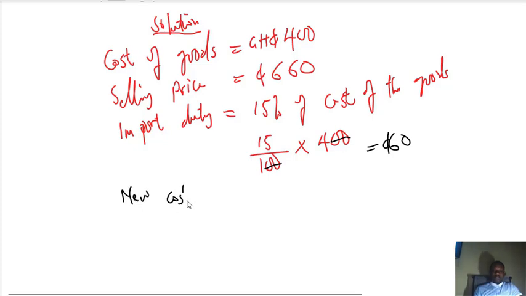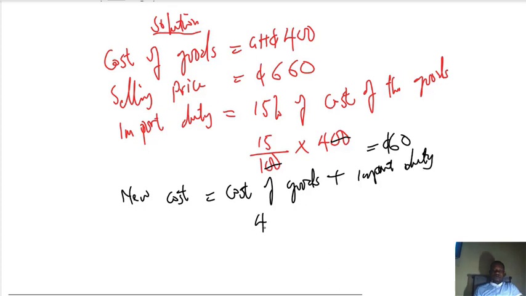The new cost is the cost of the goods plus the import duty. So it's going to be 400 Ghana cedi plus 60, giving us 460 Ghana cedi. So currently there is a cost of the item, including the import duty and the cost of the goods.